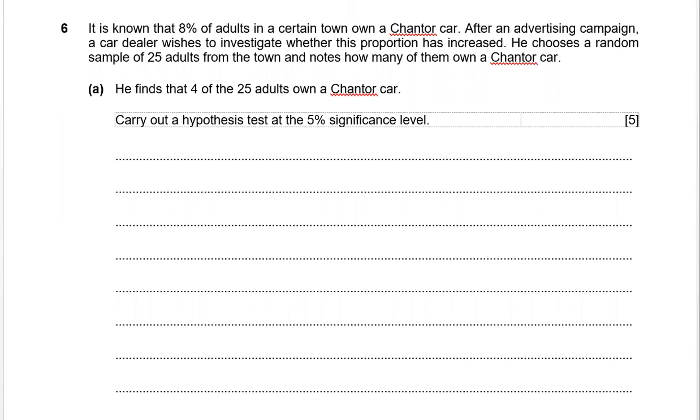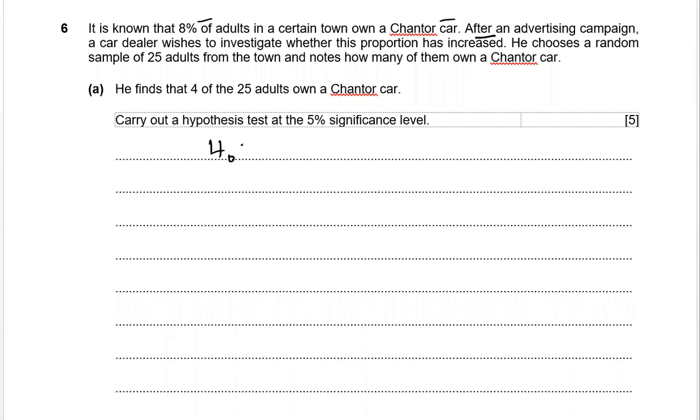Carry out a hypothesis test at a 5% significance level, 4 out of 25. Okay. And first of all, we have to determine whether it's one tail or two tail. 8% of adults of a certain risk after advertisement has increased. Okay. So he's asking for the increase, one tail test.